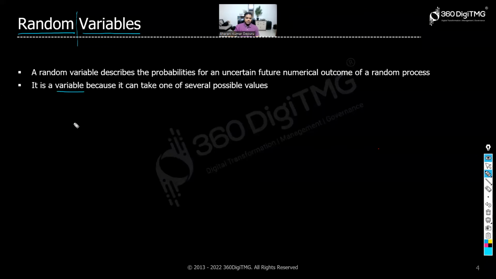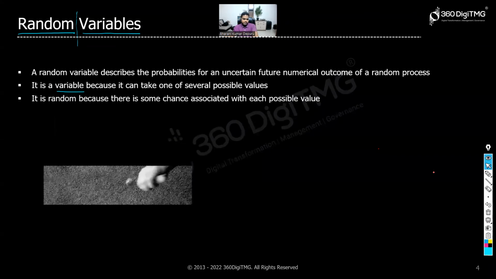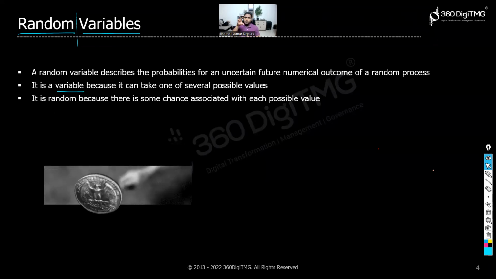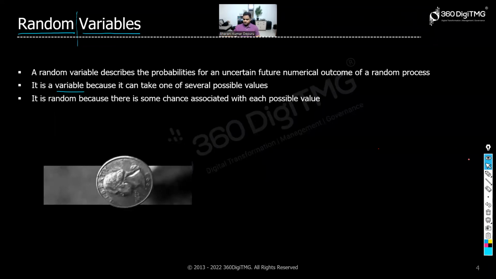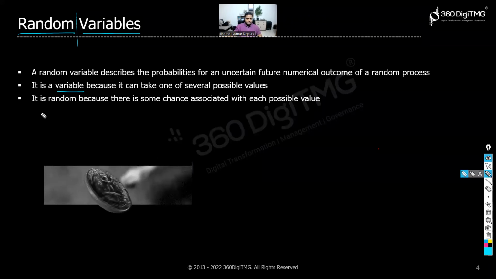What is a variable? Variable is something that is going to vary. For example, if I flip a coin, you might get a head or you might get a tail.